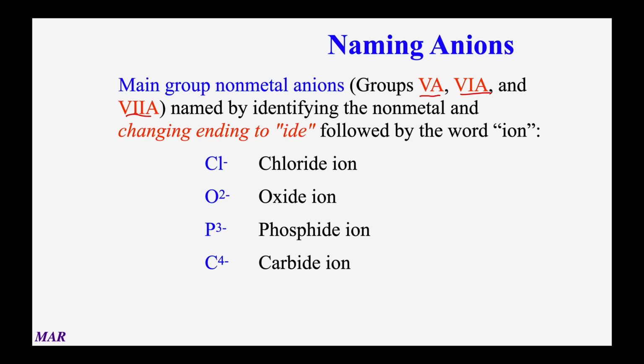So chlorine in group 7, 7 minus 8, that's where the -1 on chloride comes from, and we change it from chlorine to chloride. Oxygen in group 6 minus 8 becomes -2, that's the oxide ion. Phosphorus in group 5, 5 minus 8, -3 on phosphide. And for carbide, which does happen once in a while, carbon is group 4, so 4 minus 8, -4, that's what the carbide ion is.